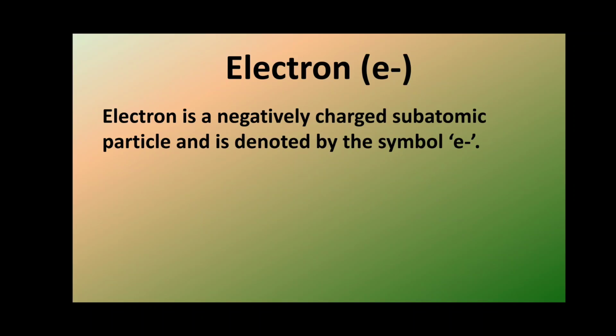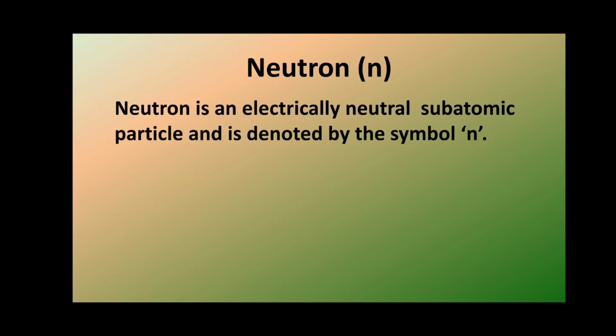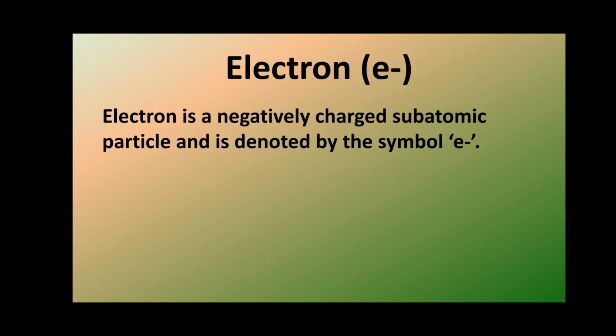So here we come to the conclusion that the atom is electrically neutral. It possesses three types of subatomic particles: protons and neutrons present in the nucleus, and electrons present in the extranuclear part.